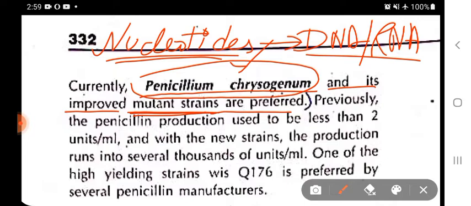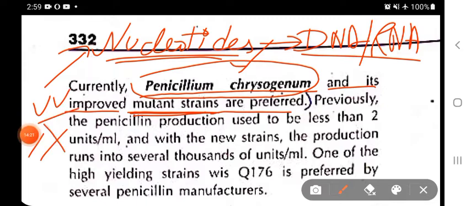We can change the nucleotide sequence by physical agents like UV rays and X rays, or by chemicals like ethidium bromide, EtBr, and some more chemicals, to induce mutation, a change in the base pair of DNA.